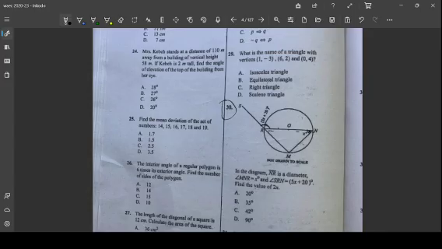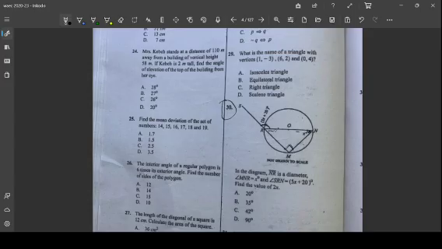So how do you go about solving? Well, let's look at this. We have this diameter, a line that cuts the circle into 2 equal halves, subtending this angle here. There is a theorem that tells us that the angle subtended at the circumference by a diameter is always 90 degrees.